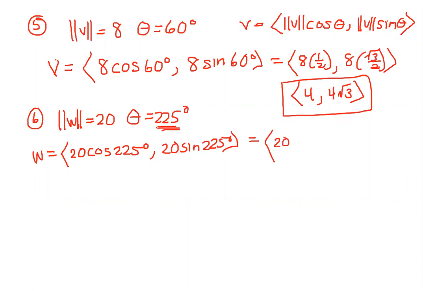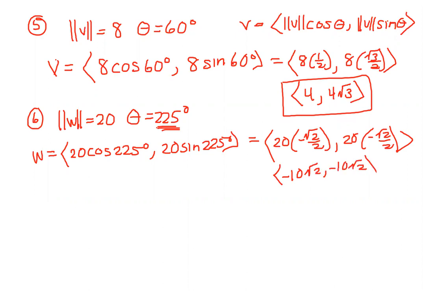That's going to be negative square root of 2 over 2 and negative square root of 2 over 2. So that equals negative 10 times the square root of 2, negative 10 times the square root of 2. And that's our answer.